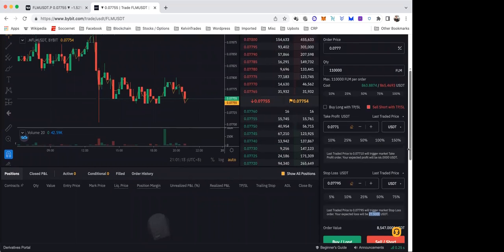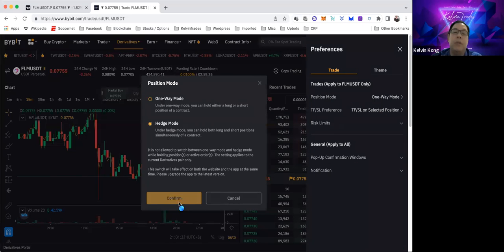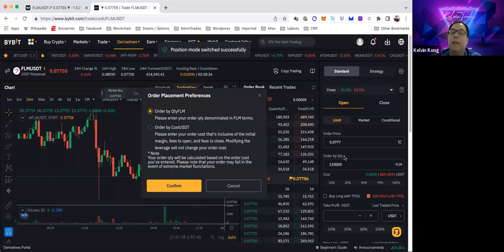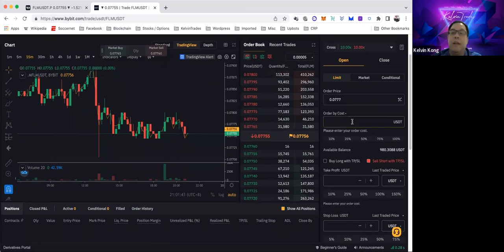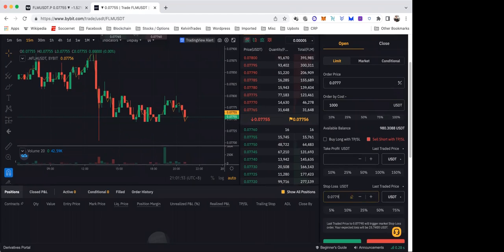So if you guys want to use dollars, then very simple. Okay, what was the stop loss again? 0.7795.